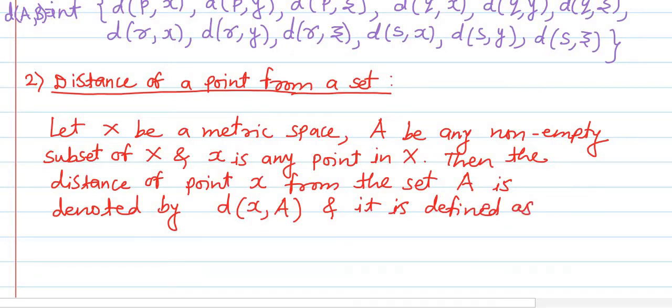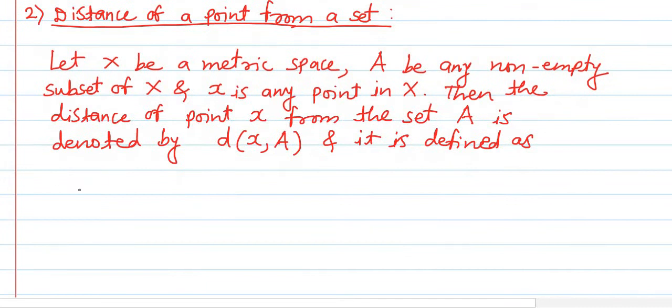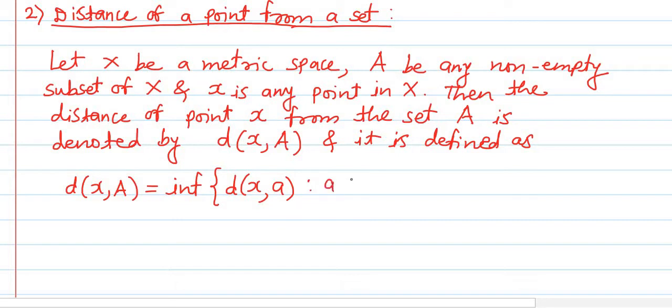It is defined as d of x comma A is equal to the infimum of the set of distances of point x from the point a, where a ranges over set A, meaning a is a point of set A. Like such, distance of a point from a set is defined.